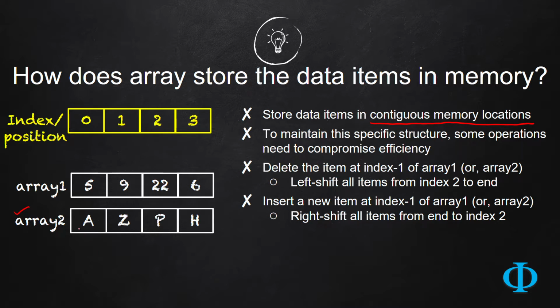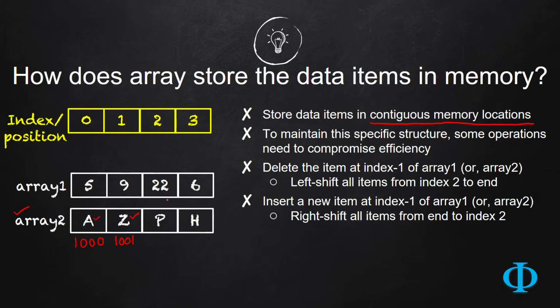Let's say the element at index 0, that is A, occupies the memory location with a given address, let's say 1000. So if index 0 takes the memory location 1000, then the element at index 1, that is Z, will take 1001.